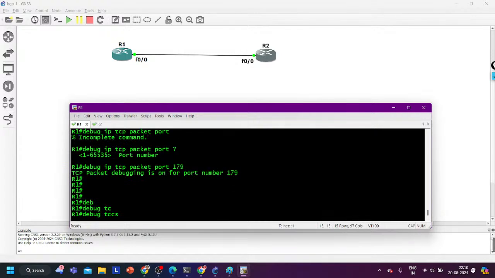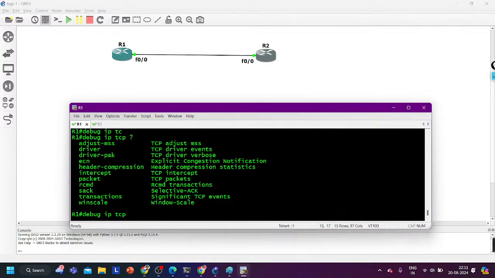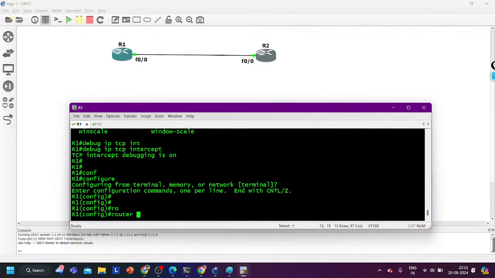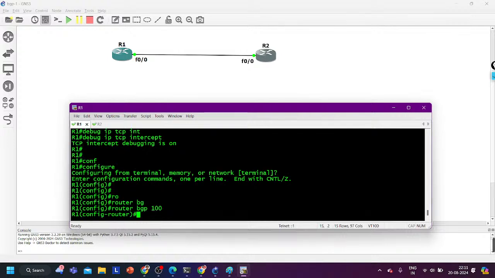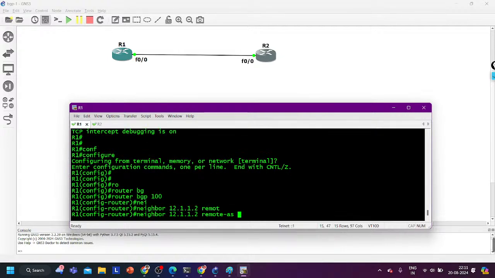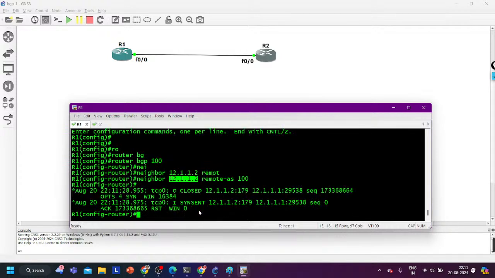Debug IP TCP intercept. Done. Now router BGP AS number 100 and neighbor, IP address of neighbor 12.1.1.2, and then remote AS. Remote AS of the neighbor: I'm configuring iBGP, so the same AS number. Done. This neighbor IP address should be reachable from router number 1, and the neighbor IP address is reachable.